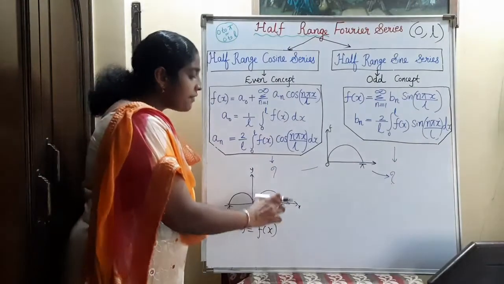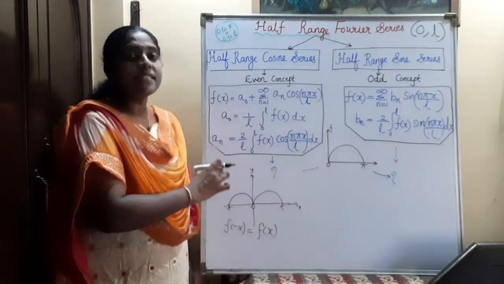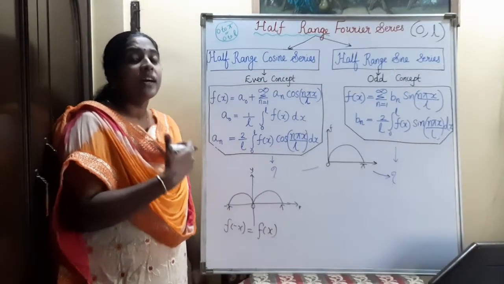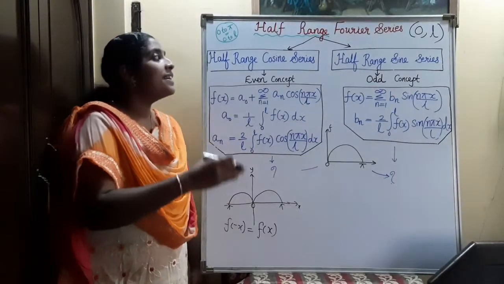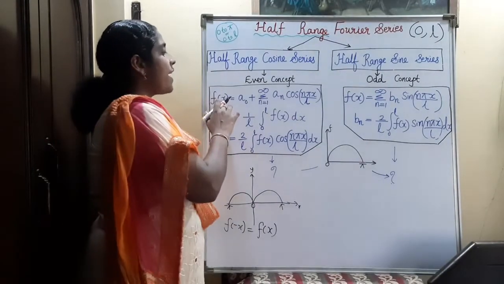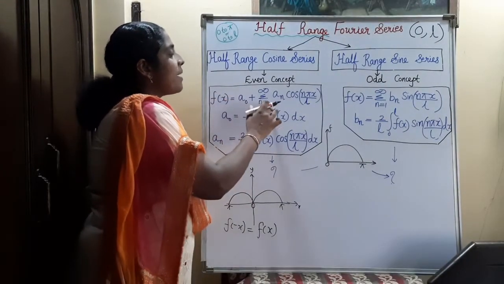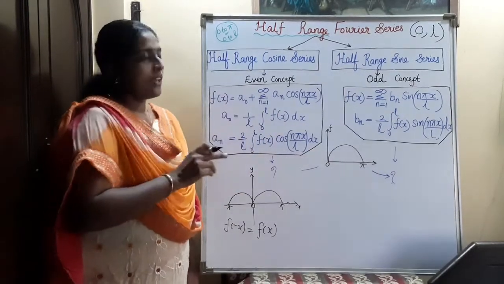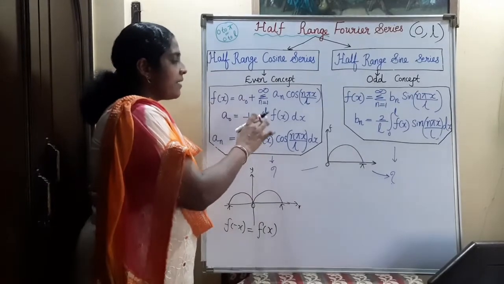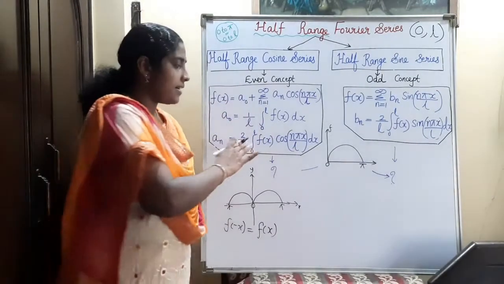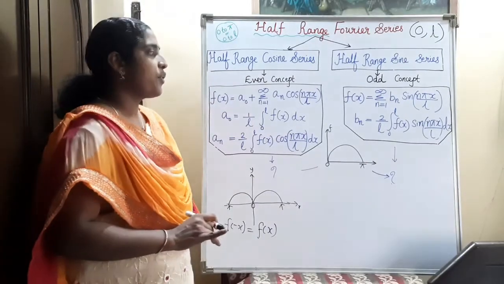So if the given half range is extended as a reflection in the y-axis, it will behave like an even function, and we can write the Fourier series as f of x is equal to a0 plus sigma n equal to 1 to infinity an cos n pi x by L. Here a0 is 1 by L integral 0 to L f of x dx, and an is as we discussed in the full range Fourier series.